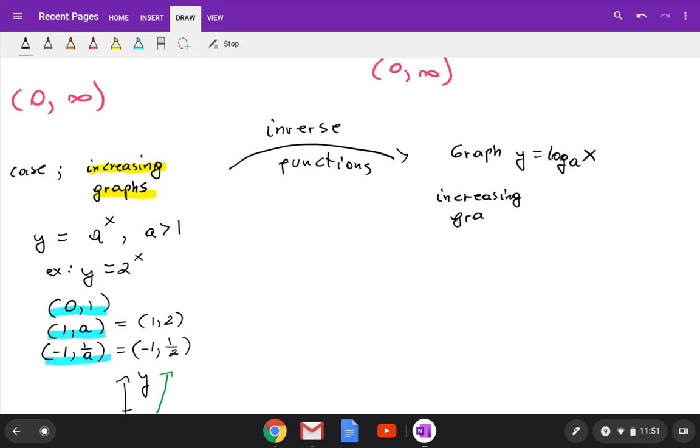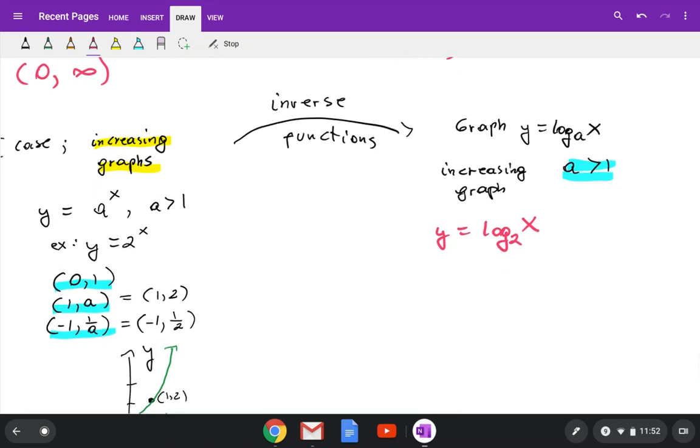An increasing graph is when the base is greater than 1. So I'm going to use the inverse of the function which we graphed, and we will graph y equals log base 2 of x. Again, I'm creating the inverse of y equals 2 to the power of x. So they are inverses.